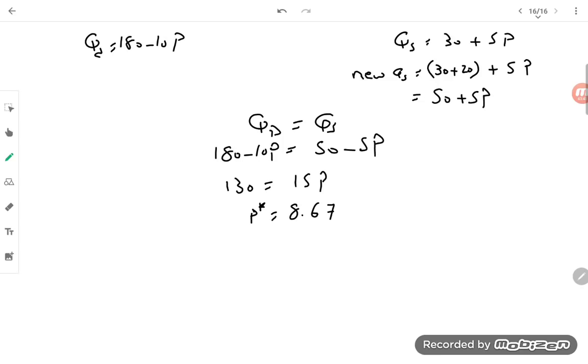Now we have to substitute in QD or the new QS in order to find the equilibrium quantity. So it's 180 minus 10 multiplied by 8.67, which is 93.33.